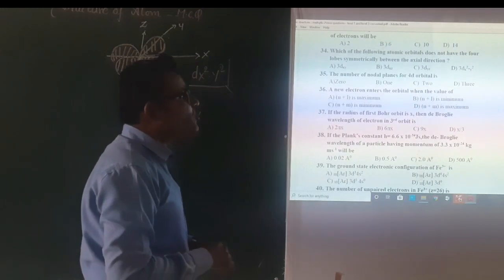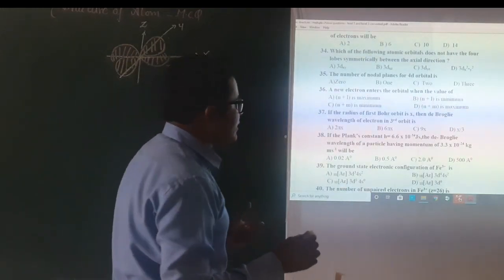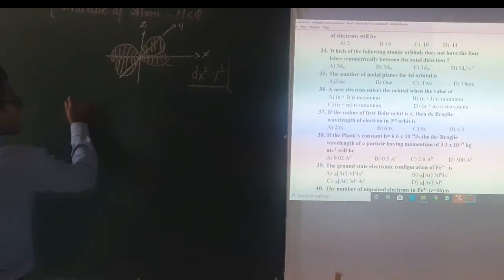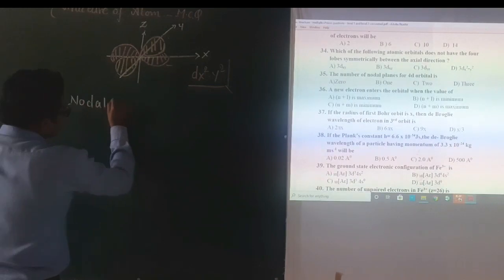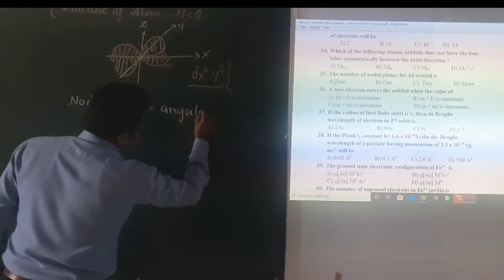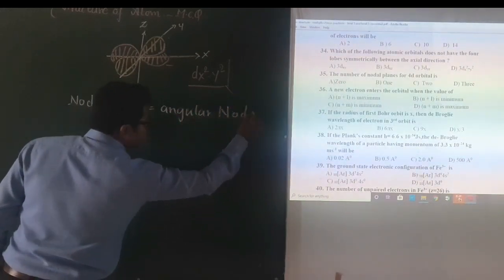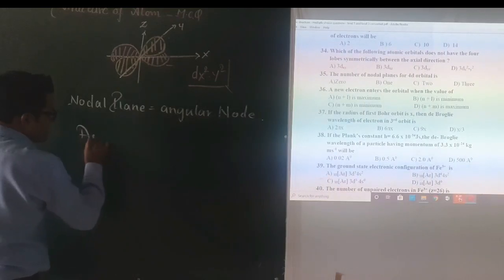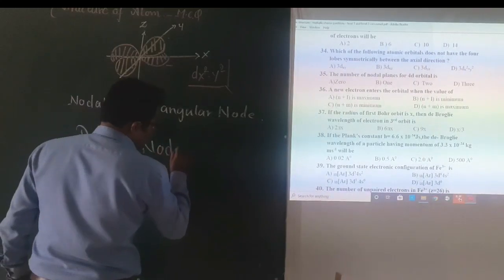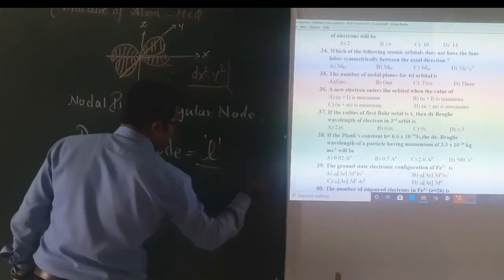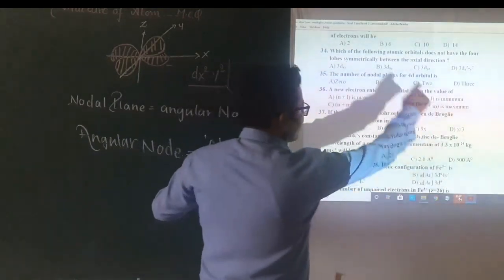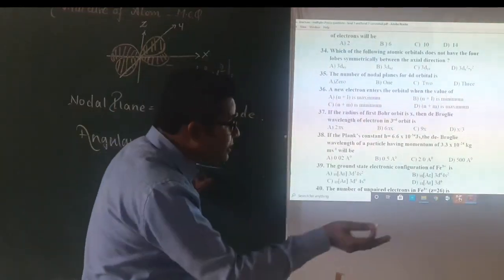The number of nodal planes for a 4d orbital is? Okay. So nodal planes. Remember here, a nodal plane is also called an angular node. So the angular node for any orbital is always equal to L. L is nothing more than the azimuthal quantum number. So first we'll observe the 4d orbital.